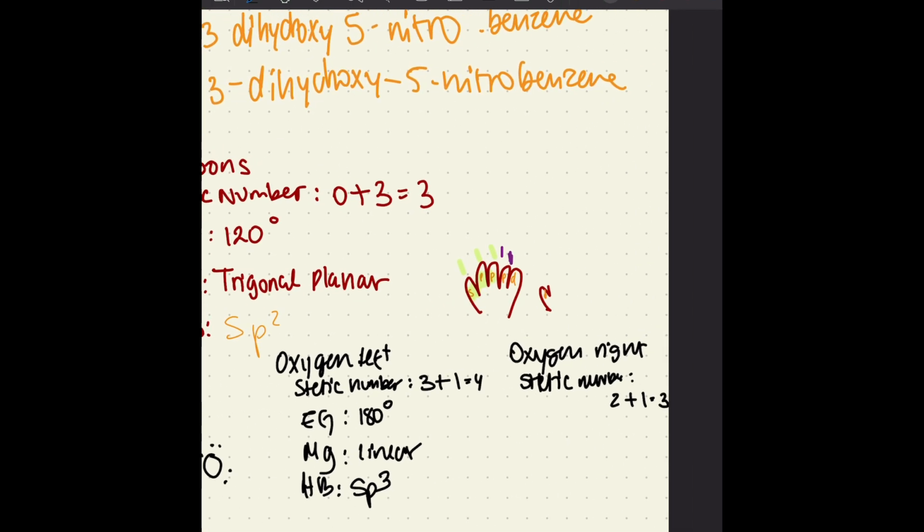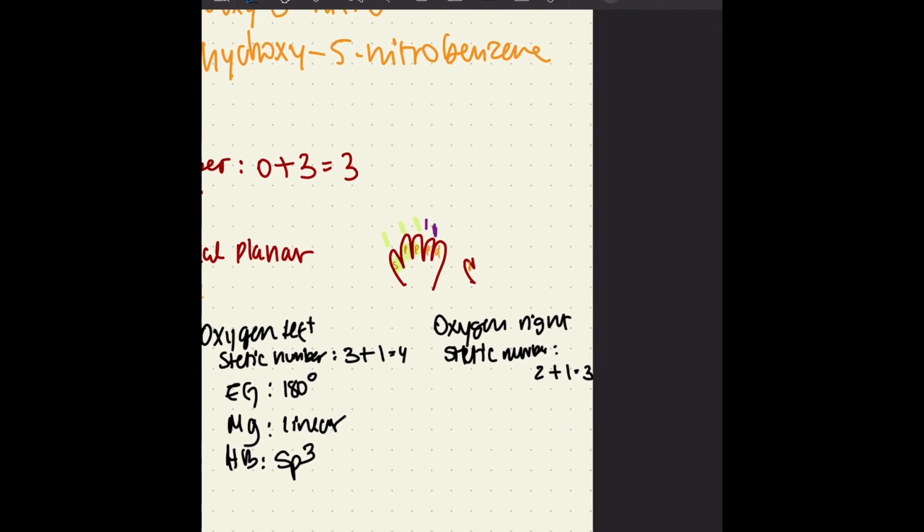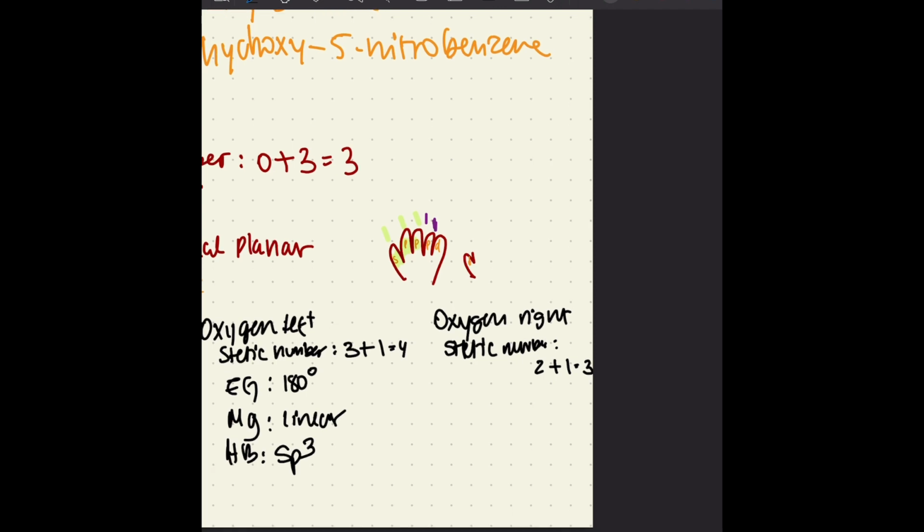You go again on your VSEPR table, and that's going to result again in a 180 angle. The molecular geometry will be linear, the electron geometry will be 180 for the angle, and then hybridization, since it's 3, is going to be sp2. Again with the fingers, so s plus 2 p is sp2.